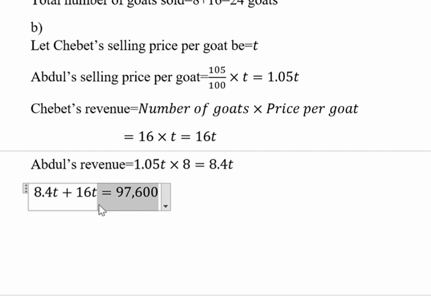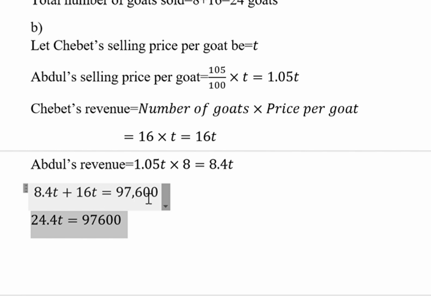If you add these two, 8.4T plus 16T, you will get 24.4T, and that is equal to 97,600 shillings. Now we want T, so we divide both sides by the coefficient of T, which is 24.4.